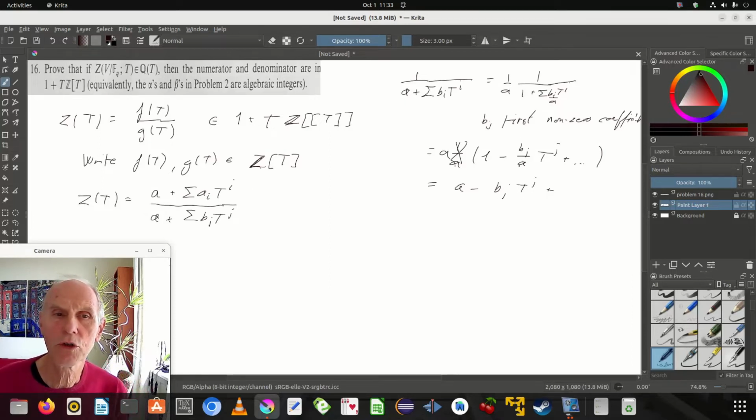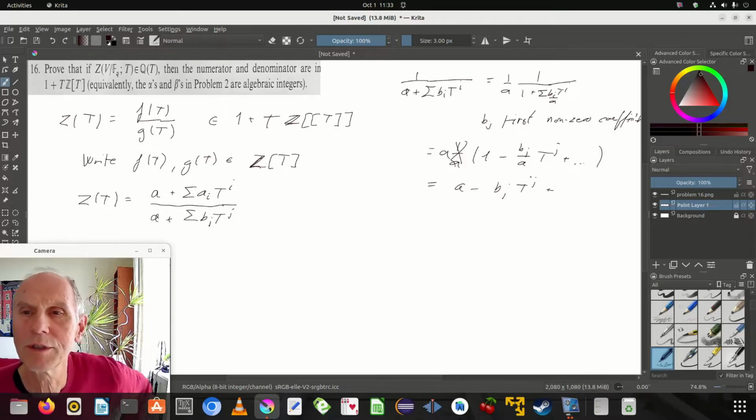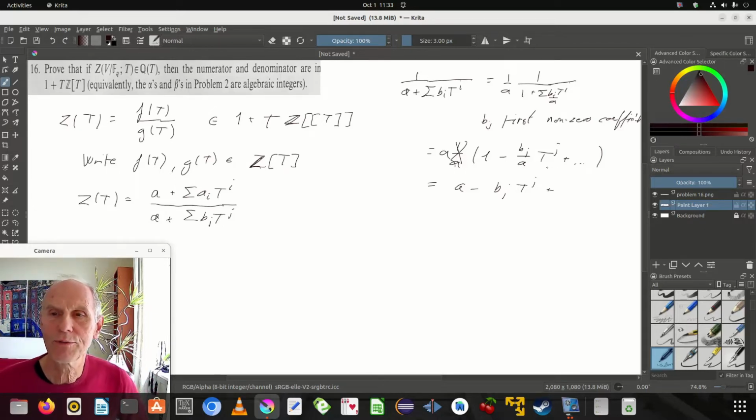But the higher order terms, there will be a fraction there with a squared. Maybe I should make an example to do it, because I'm not used to have this double series. This is of course a finite polynomial.